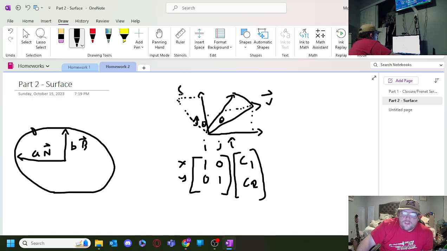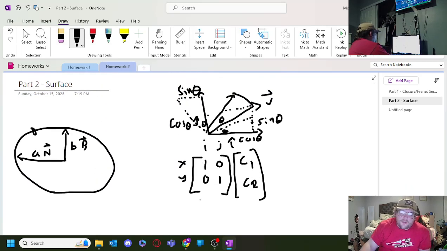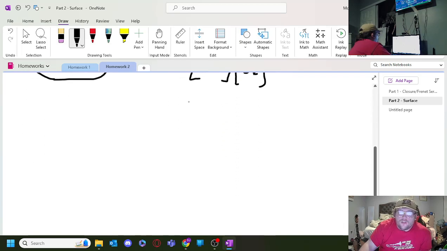So now this becomes the sine of theta and this now is the cosine of theta. And same deal over here, where this is going to get rotated by theta, sine of theta, cosine of theta.